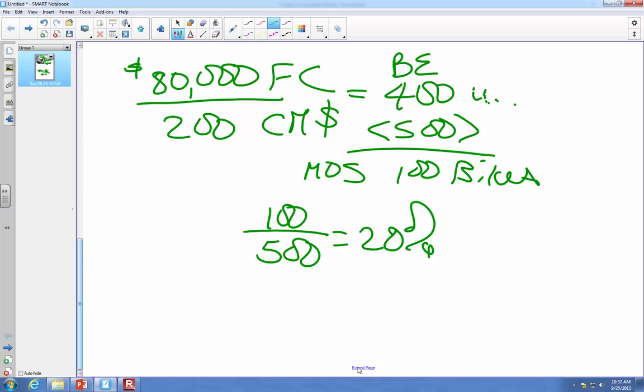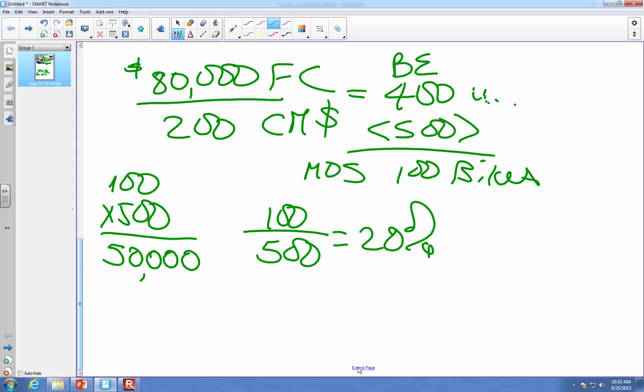So margin of safety can be quoted in lots of different ways. Number of units, 100 bikes. Percentage of existing sales, 20%. Dollars of revenue. If my margin of safety is 100 bikes and I'm selling them for $500 each, that's $50,000.